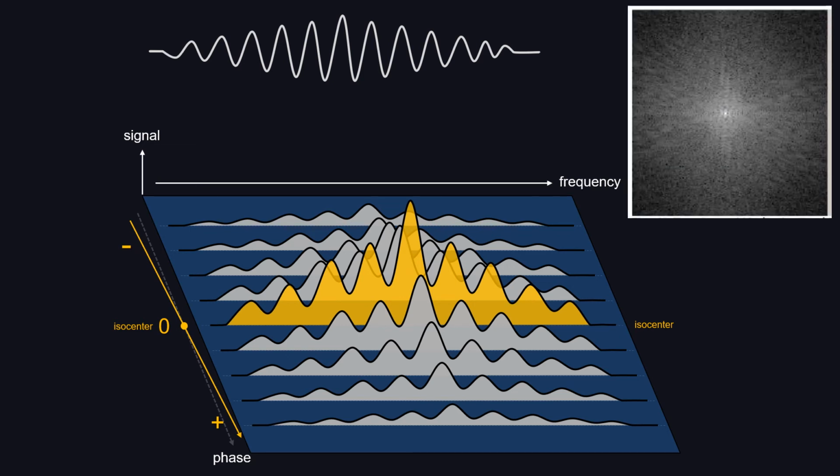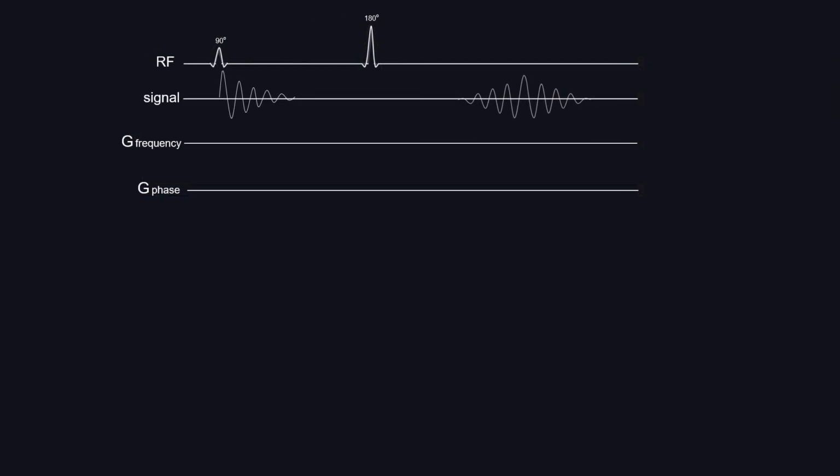If you place that information into a datasheet, you would have a source image that looks like this. At the isocenter, you have maximum signal intensity. Further away from the center, you are experiencing greater signal loss. This raw data, this source image, by the way, is the k-space.